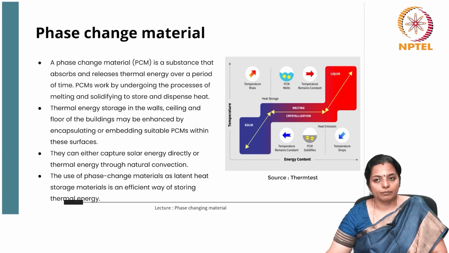Materials that can absorb or release energy in the form of heat at specific temperatures are known as phase change materials, sometimes known as latent heat storage materials. The material undergoes a physical state transition from solid to liquid or vice versa as it absorbs or releases heat respectively.